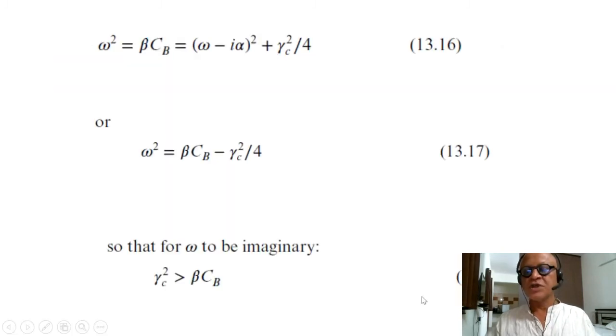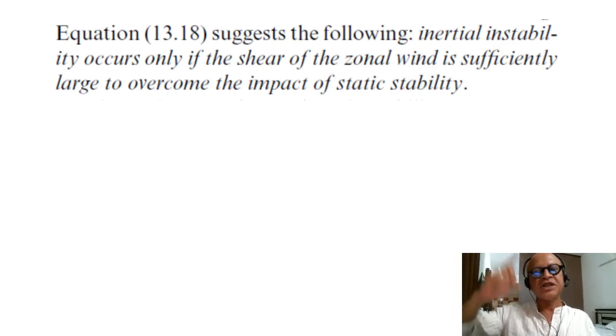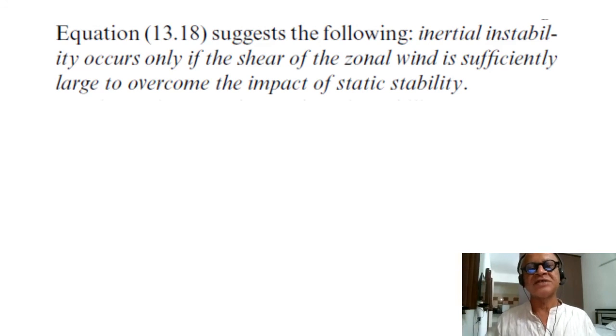So this equation basically suggests that inertial instability occurs only if the shear of the horizontal wind is sufficiently large to overcome the impact of static stability. That's the main point we wanted to make.